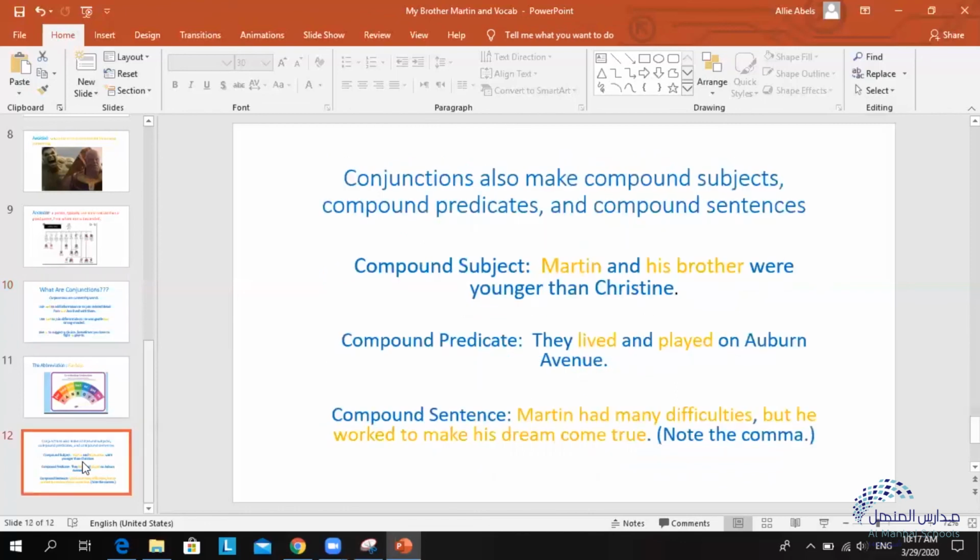Then also conjunctions are used to make compound subjects, compound predicates, and also compound sentences.